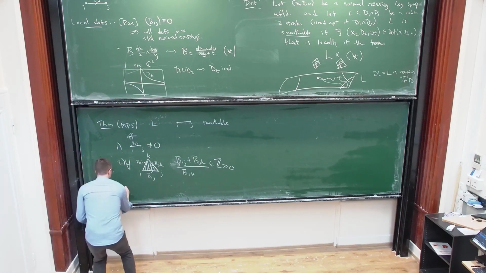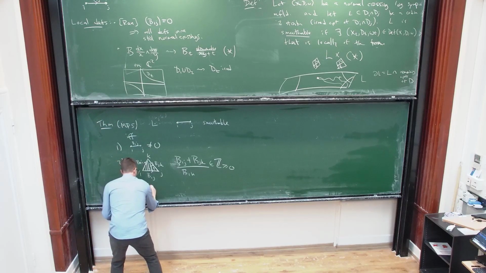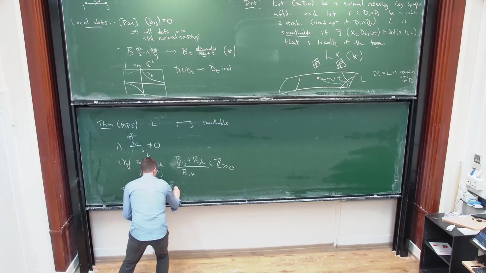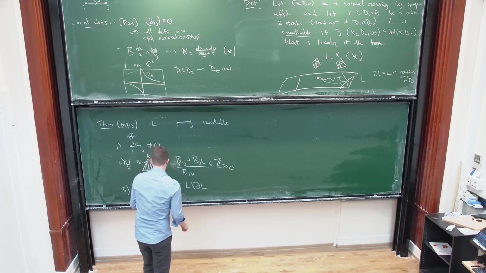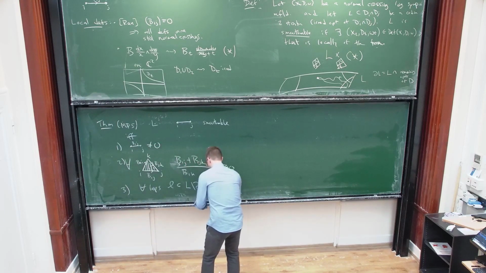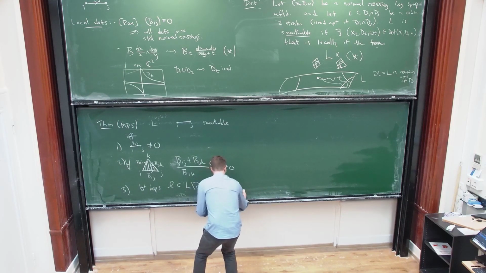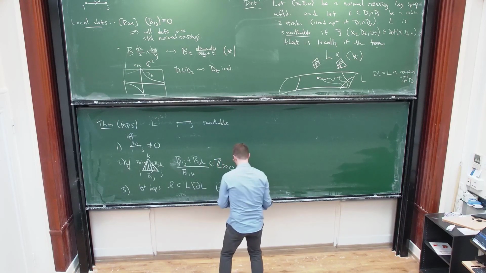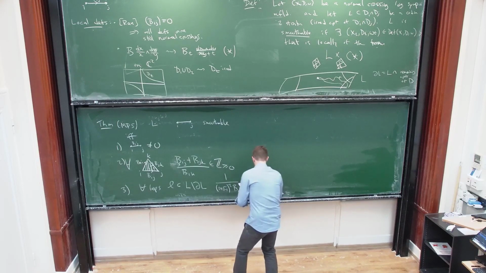Okay, and then the third condition has to do with the monodromy, and it says that for all loops L inside of the open part of the stratum, there's a condition on the period of omega: 2 pi square root of minus 1 squared, b_ij, integral of omega over what I'm going to call L_i minus L_j is an integer.